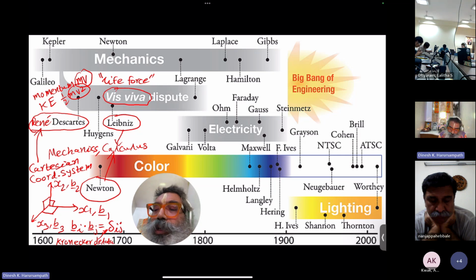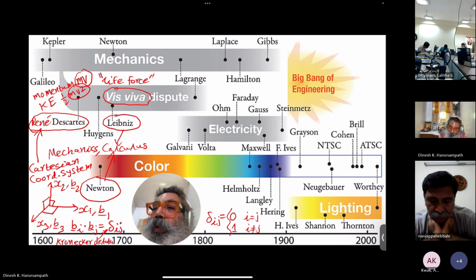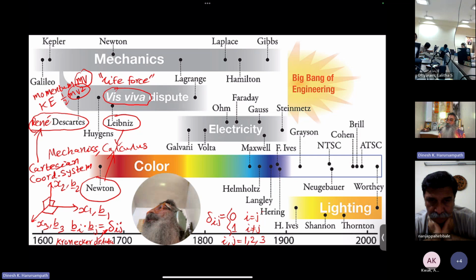And this delta ij, as you might know from some other courses, is one when i equals j, and is equal to zero when i is not equal to j. And of course, i and j, like all other Latin indices that we will use throughout this course, when we're talking of three-dimensional space, will take on the values between 1 and 3, right? So these are integer values between 1 and 3, inclusive.